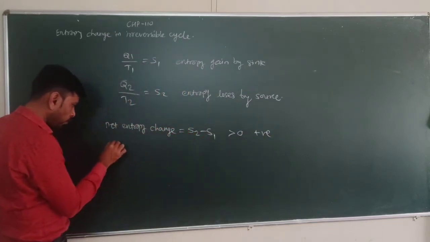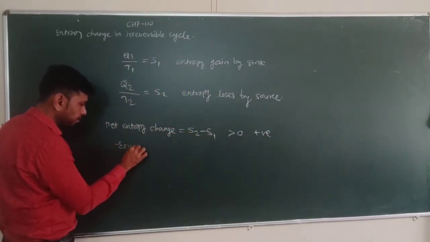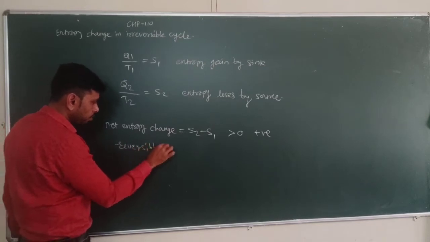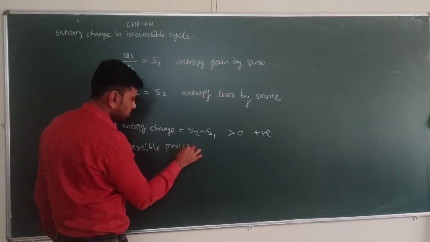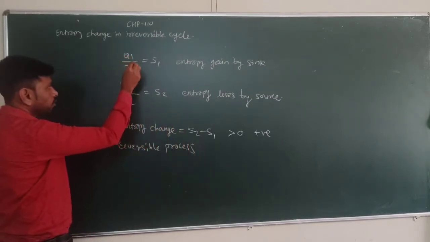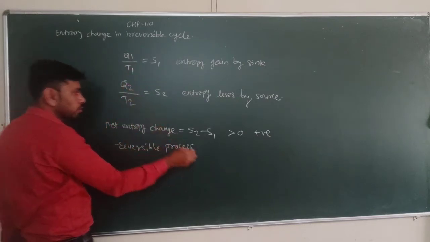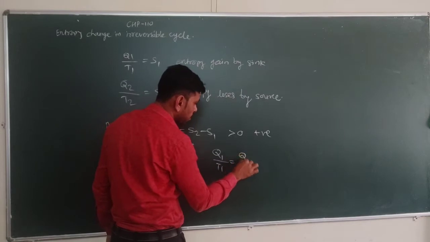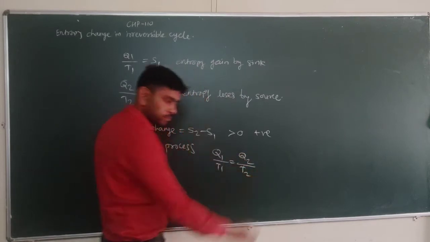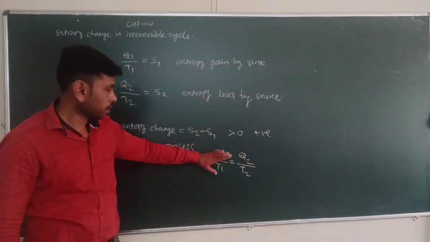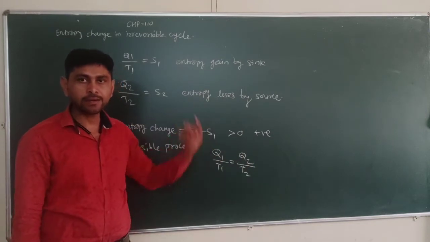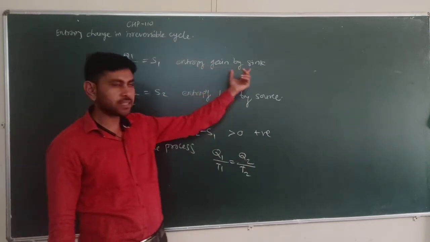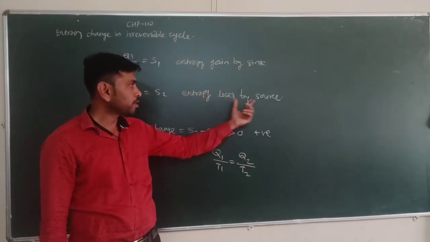So for a reversible process we can write Q1 upon T1 equal to Q2 upon T2. Both have the same value, the heat gained by the sink as well as the entropy lost by the source.